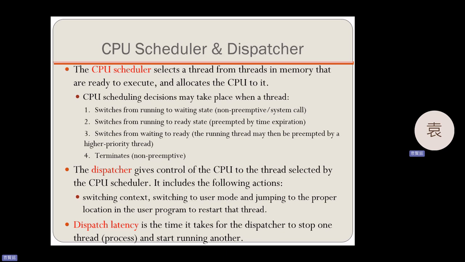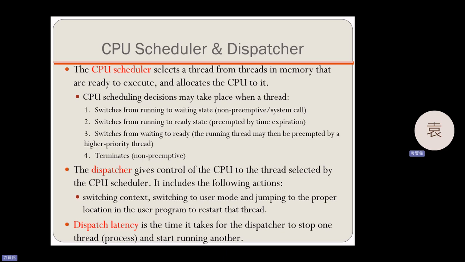The second case is when the running process is switched from the running state to the ready state. Usually this is because the running process used up all its time quantum.